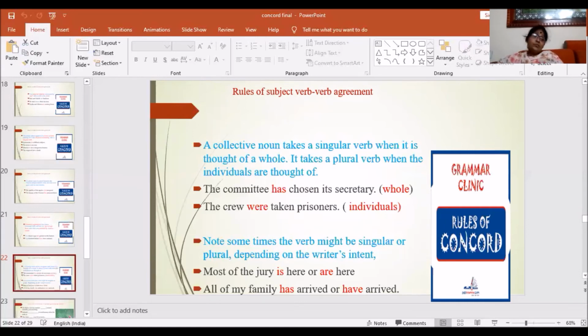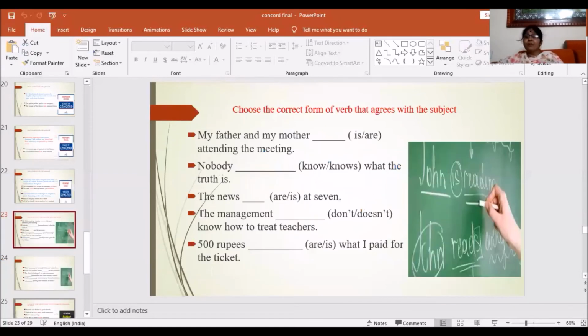So now let us do a small exercise to see if we have really understood what we have learned so far. Now choose the correct form of verb that agrees with the subject. My father and my mother dash attending the meeting. Should we use is or should we use are?